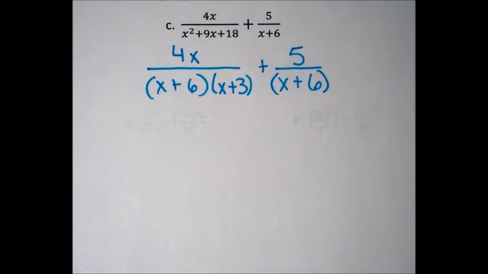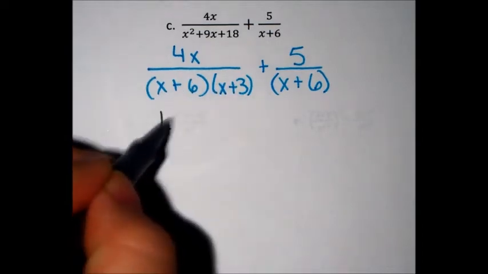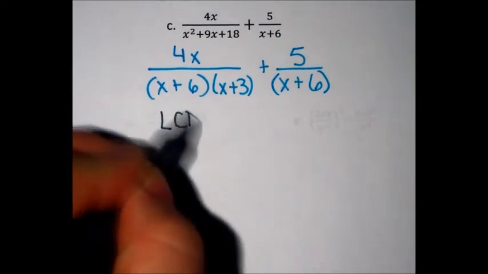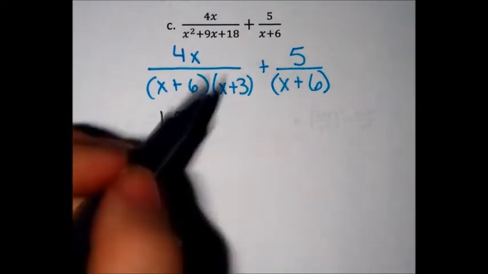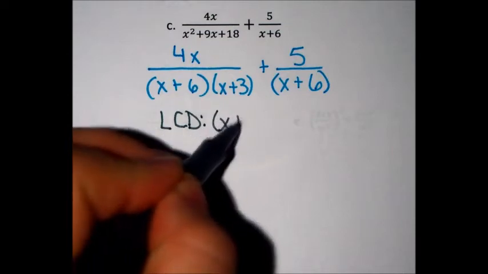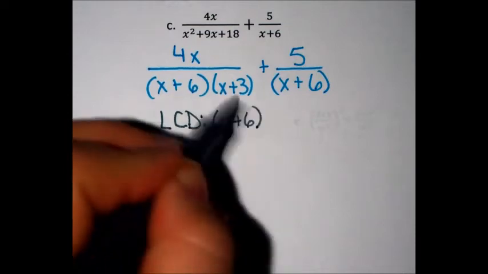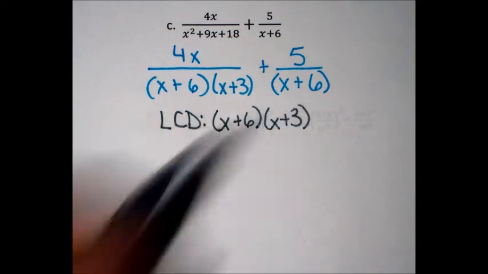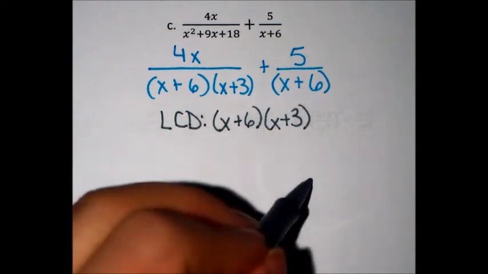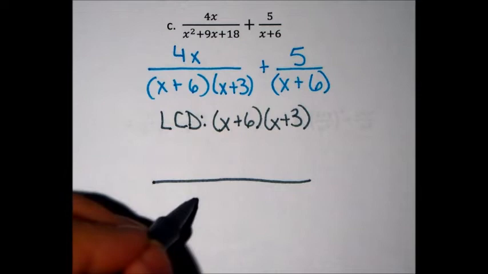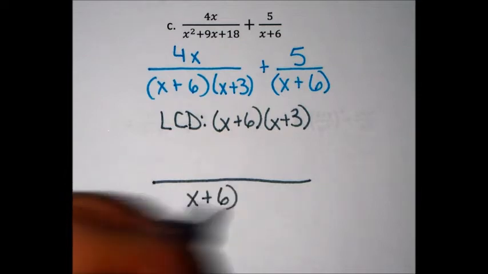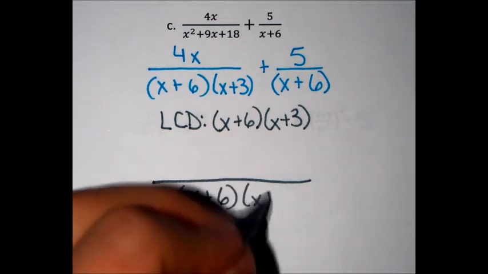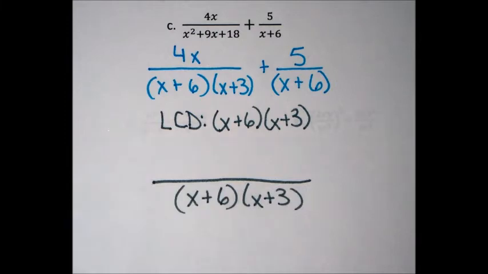So they are factored completely. So we need to find our LCD. They have an equal number of x plus 6's. And this one has the most x plus 3's. So you know when you go to add with common denominators, x plus 6 and x plus 3 is going to go in the denominator.